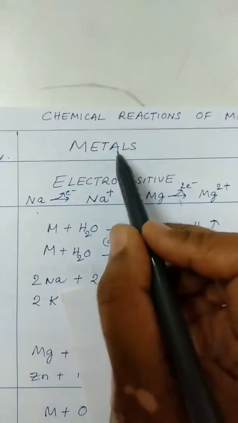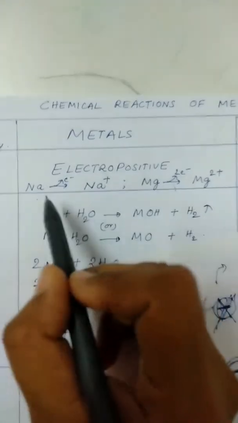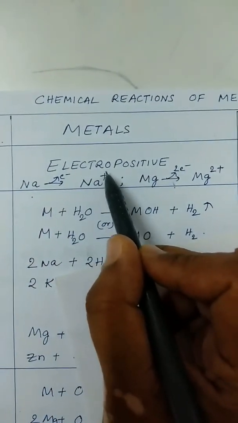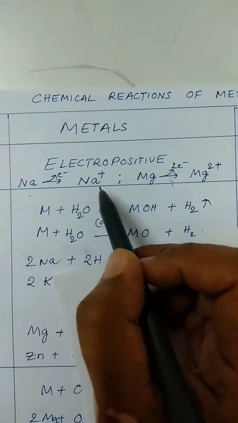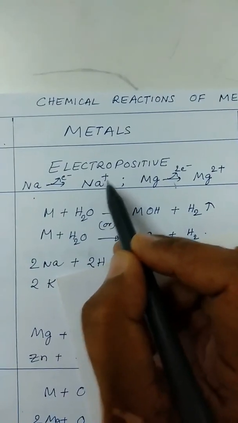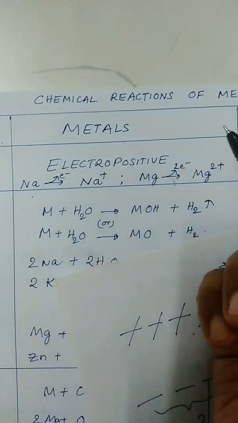So, it is clear from it that metals are electropositive. That means what? They lose electrons and gain a net positive charge. That means they form cations by losing electrons. Now it depends on the atom whether they lose 1, 2 or 3 electrons.